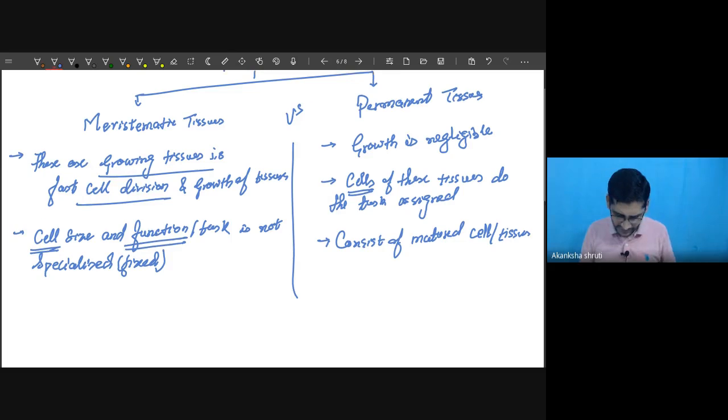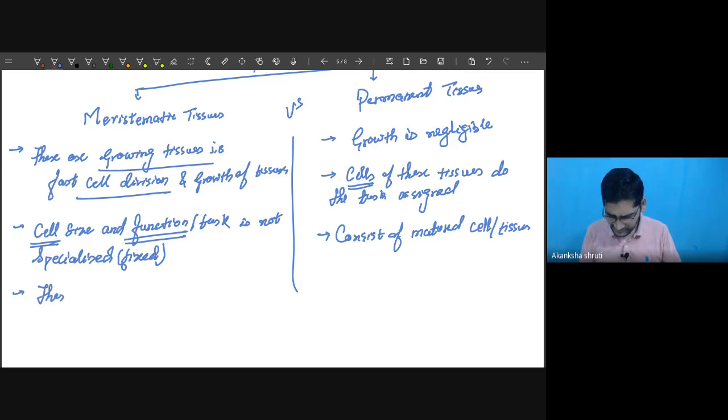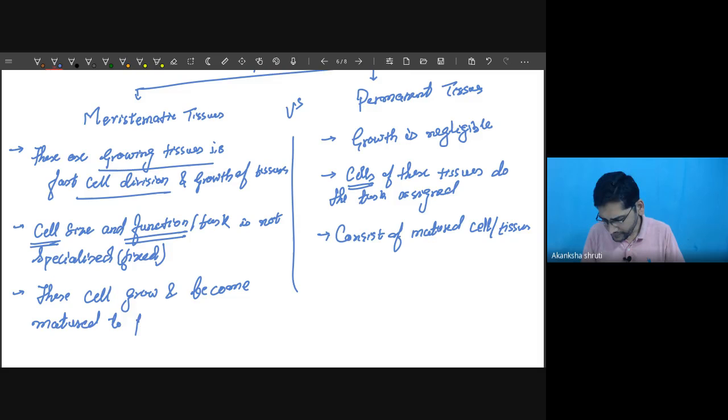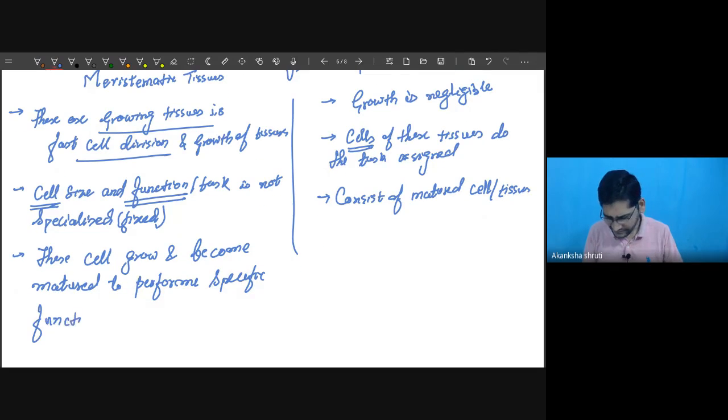Okay, students? So these cells grow and become matured to perform a specific function or task, then it gets converted into which one?